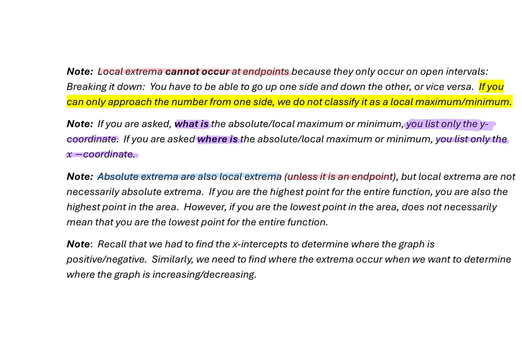Now, in the last video, we reviewed positive and negative, and we talked about that we had to find x-intercepts to determine where the graph is positive and negative. Similarly, when we talk about extrema, we need to find where the extrema occur when we want to determine where the graph is increasing or decreasing.